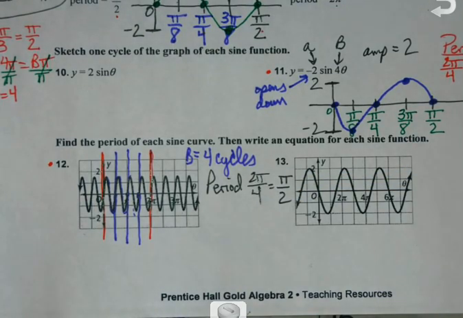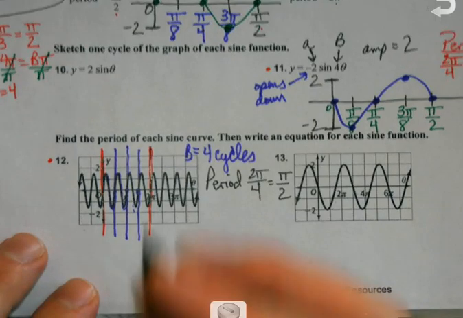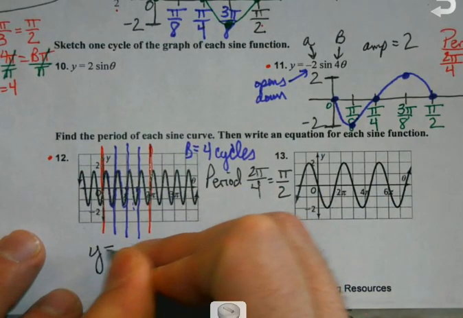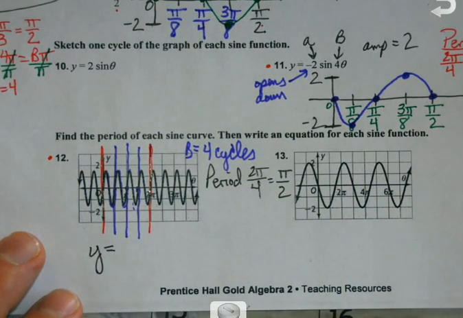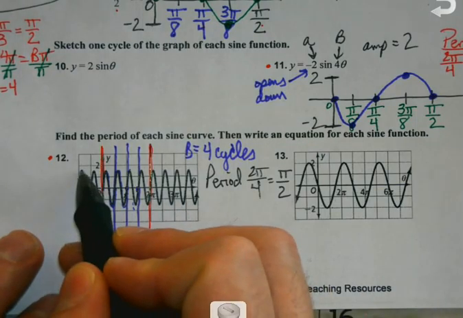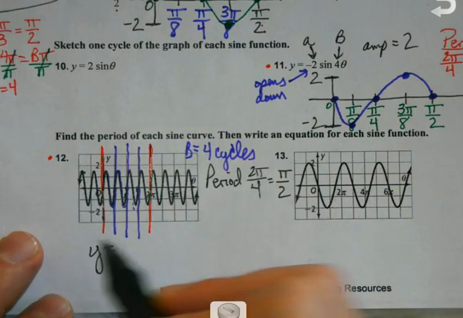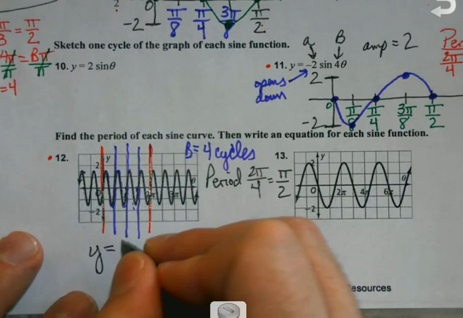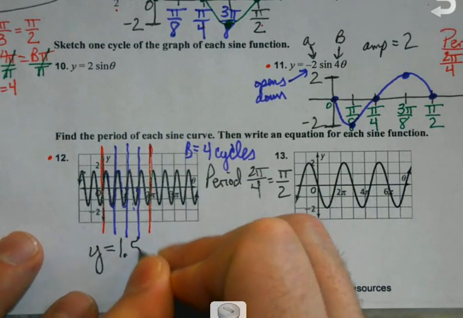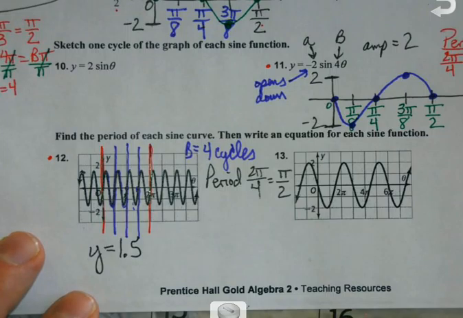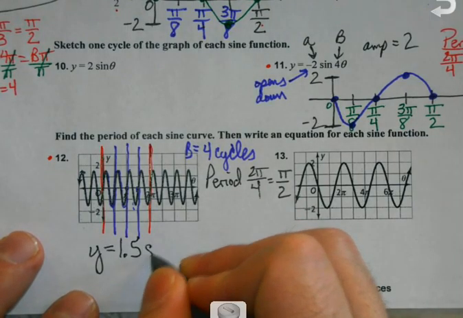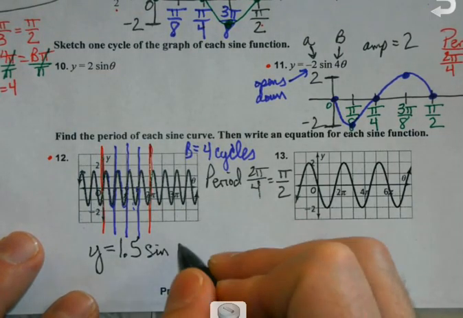So when I make my equation, y equals, first I've got to figure out what my amplitude is going to be. Where does it look like that maximum is? About 1.5. That's fine. So about 1.5 sine.